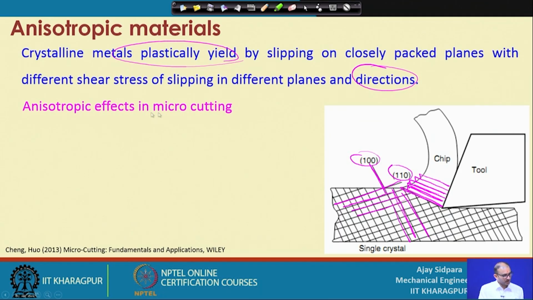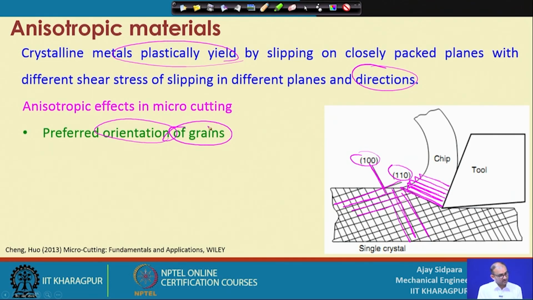So, anisotropic effect in micro cutting. We consider this as macro machining, conventional machining, but if you scale down the machining operation, what is going to happen? The preferred orientation of the grains. Even if you cut isotropic material, we have seen that we are encountering individual grains. So, we have to look into the orientation of those grains.